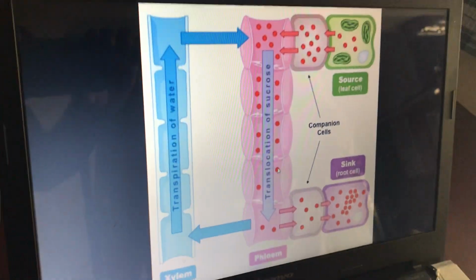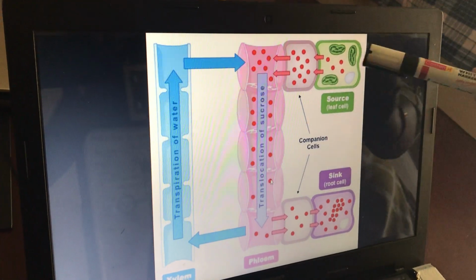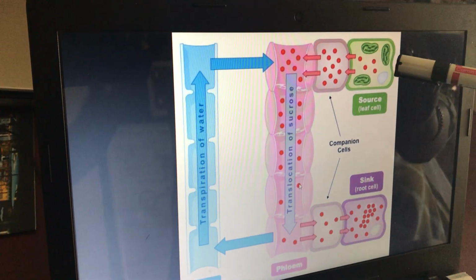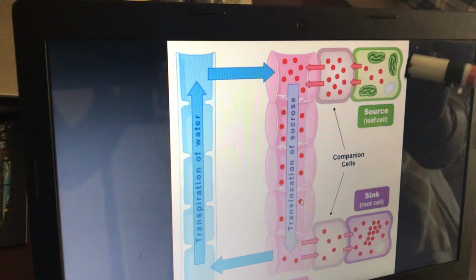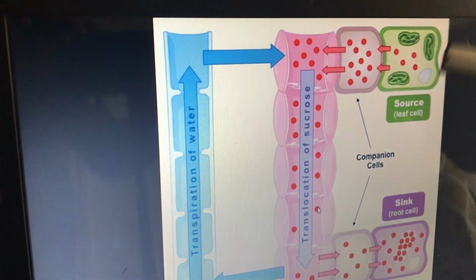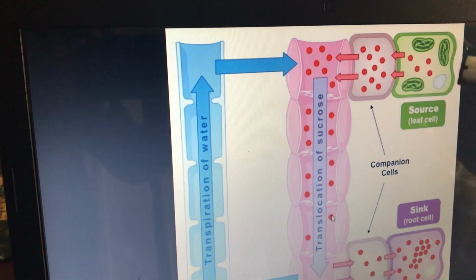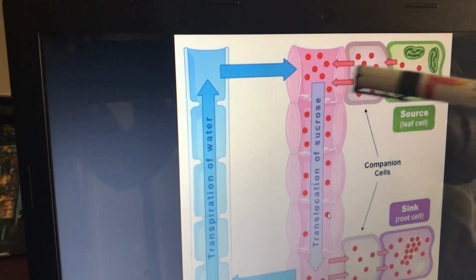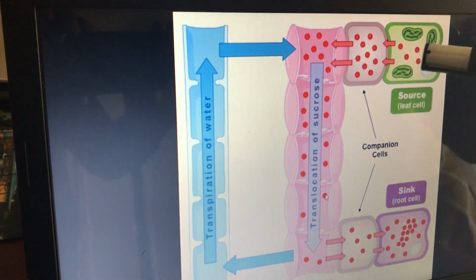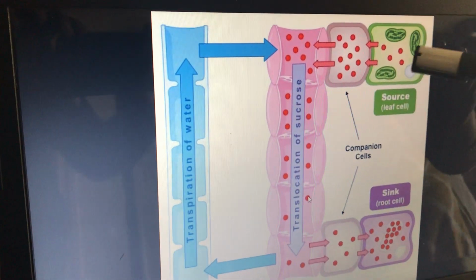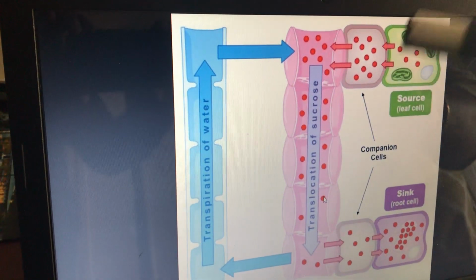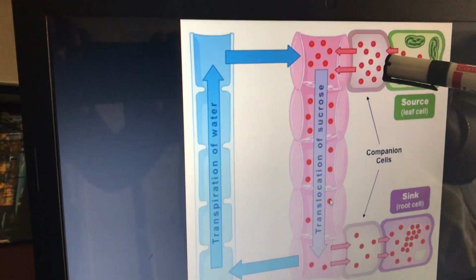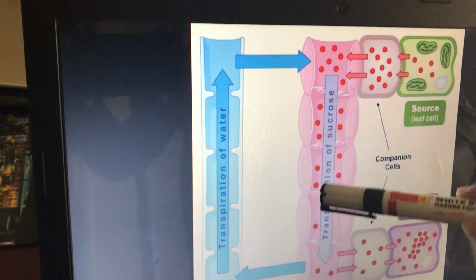And you can see here the green one, this is representing the leaf or the source, where the food is produced in the form of glucose, which may get converted into sucrose while getting circulated. You can see it is moving to the companion cells first with active transport, and from there it will simply flow to the sieve cells.